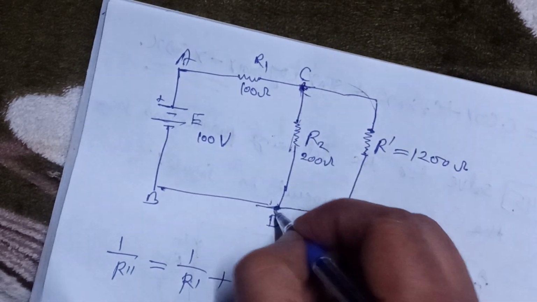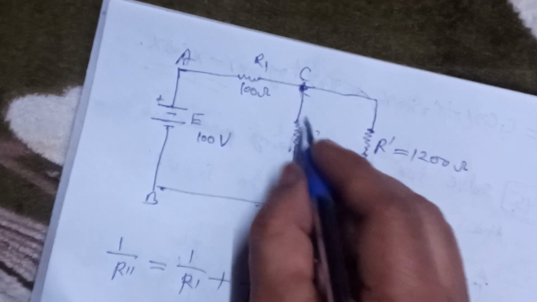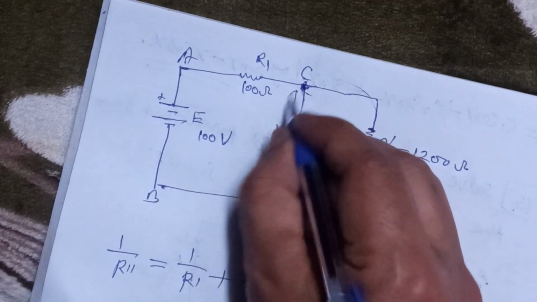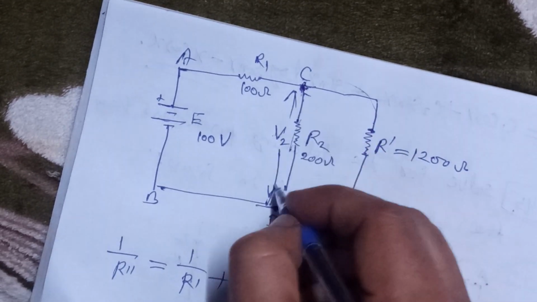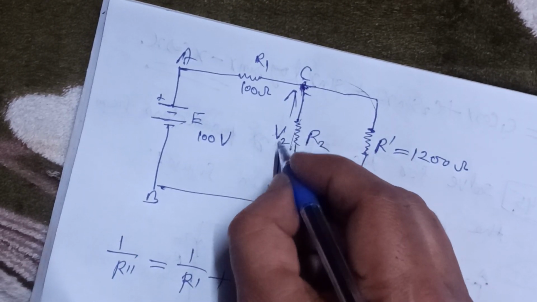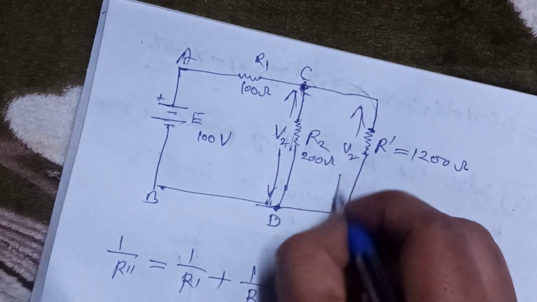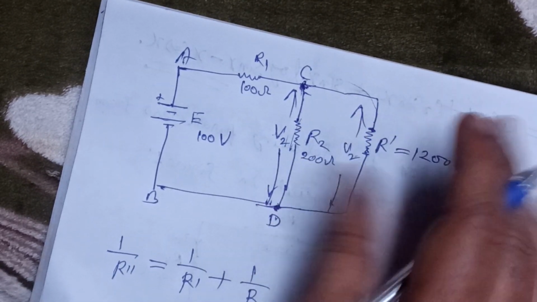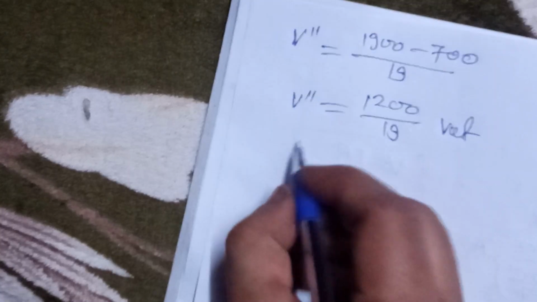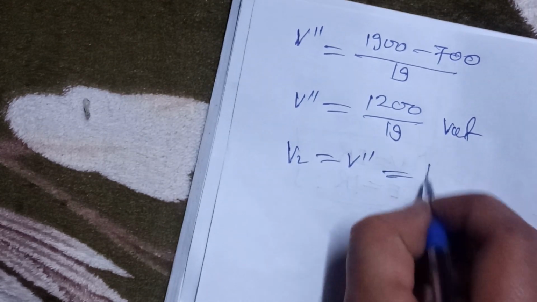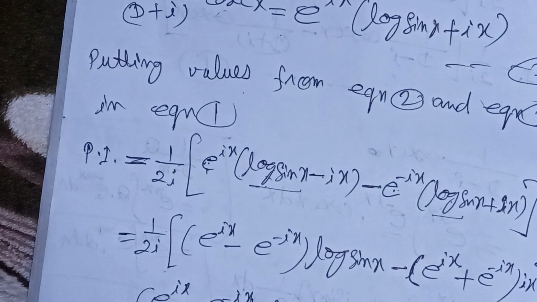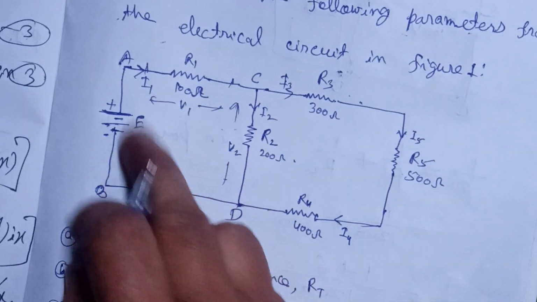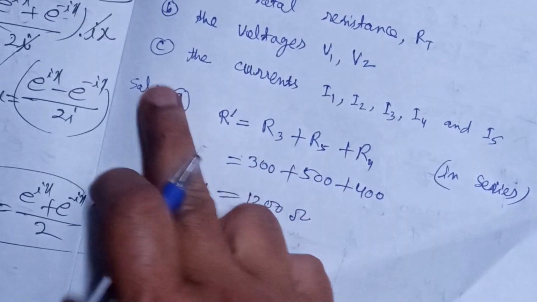Therefore, the voltage between CD is also equal to V2, because these two are in parallel. So V2 is common, and V2 is V double dash here, which is 1200 upon 19 volt. So I have found the values of V1 and V2, and also the value of I1.